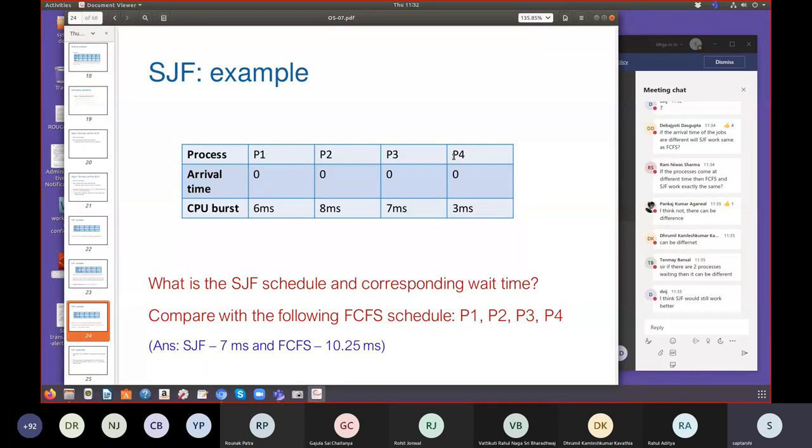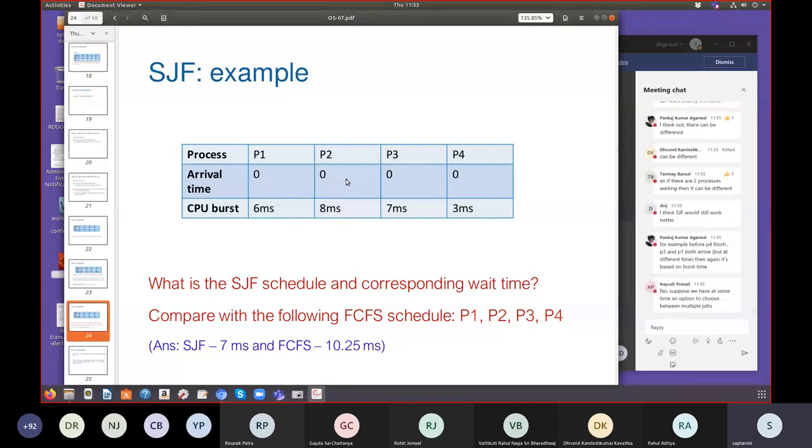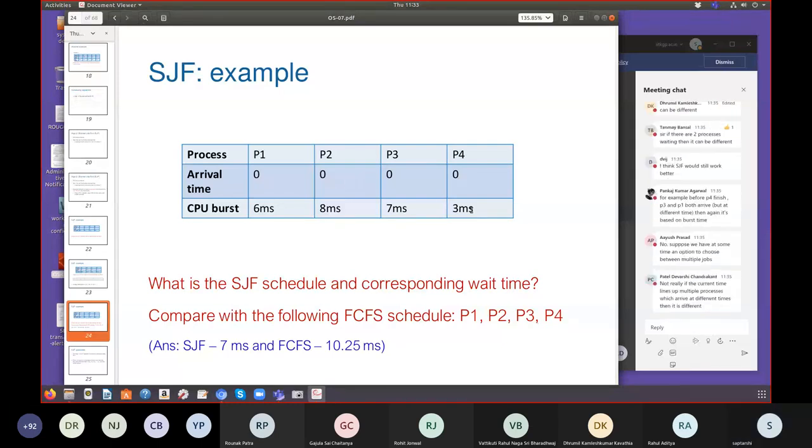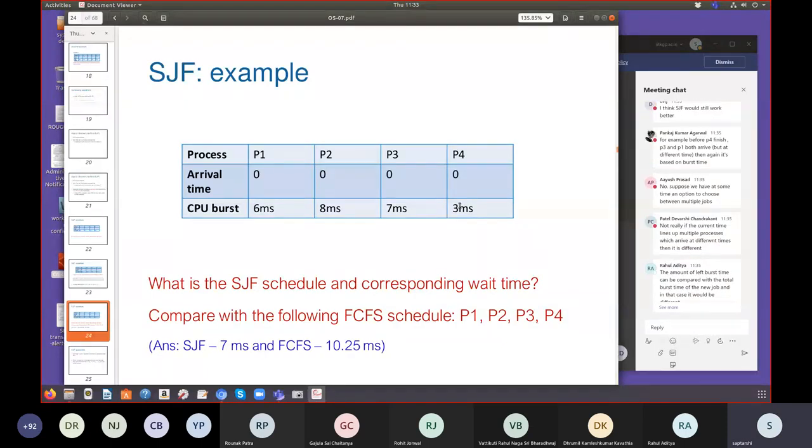Let's just change this example slightly. This is what Ayush and Devarshi are also saying. So let's say P4 is scheduled first, so it runs for 3 milliseconds. Let's consider this schedule P1, P2, P3, P4.